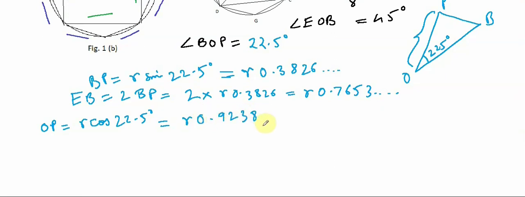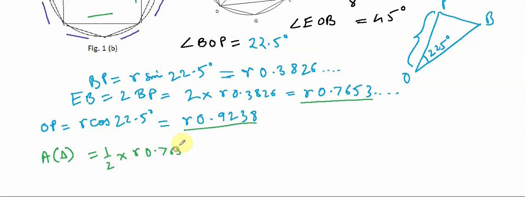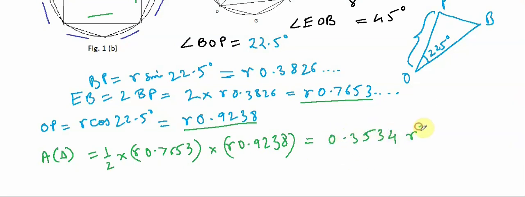So this is the base and this is the height, and the area of the triangle is equal to half into base into height, which gives us 0.3534 R square.